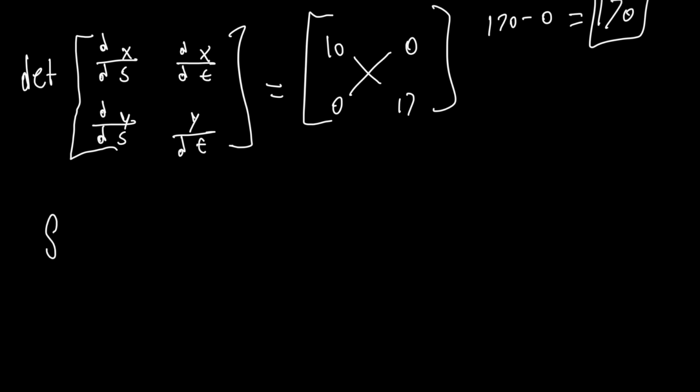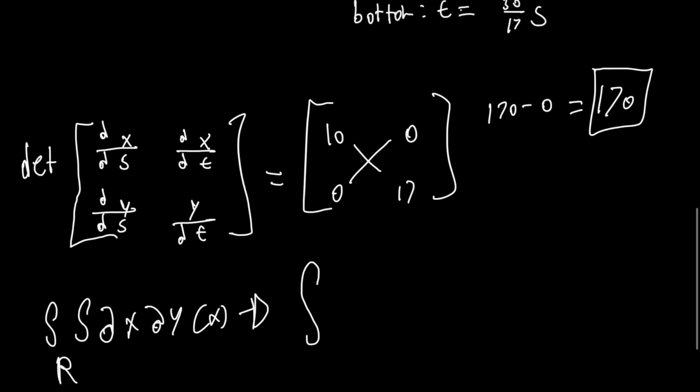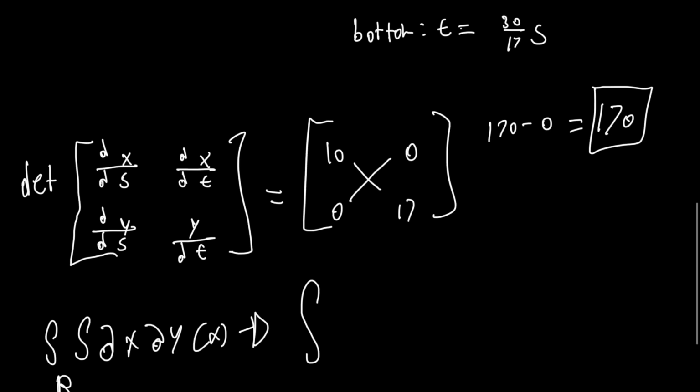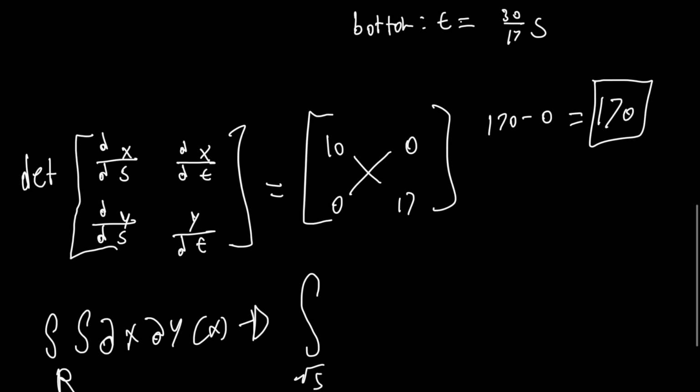But now let's move it across. Our original thing was the double integral of x dx dy. Let's get it in my terms now. This is in the region R. Let's start off with the easy one. My radiuses will stay the same. The smallest radius is square root of 5, and the biggest radius is square root of 11.